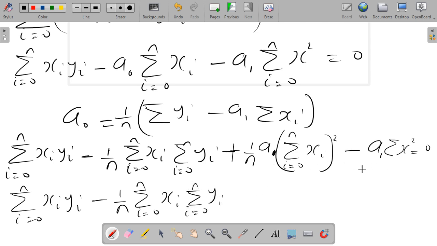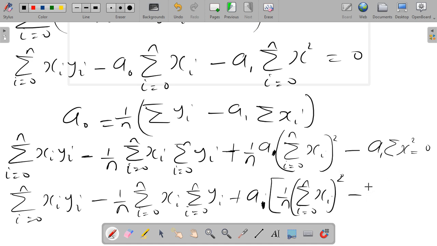Then if you factorize here, they have a1 in common, so plus a1. What I will have inside here is 1 over n, the summation of i starting from 0 to n of your xi, all squared, then minus what is remaining here, just the summation of your x squared as i starts from 0 to n, equal to 0.